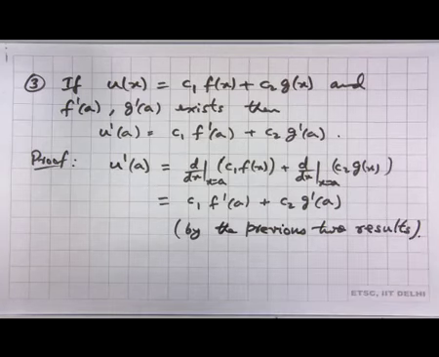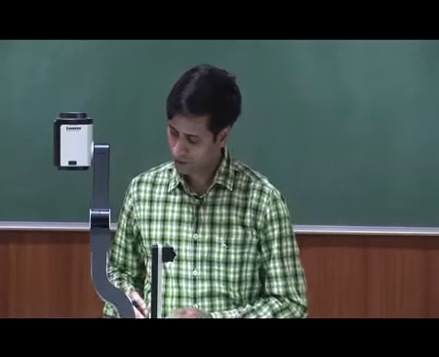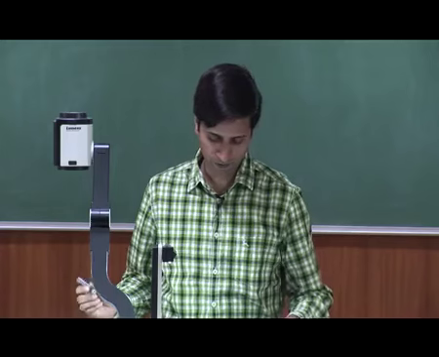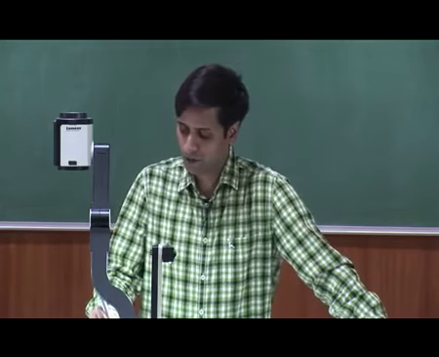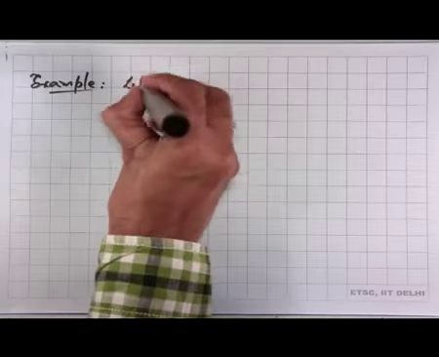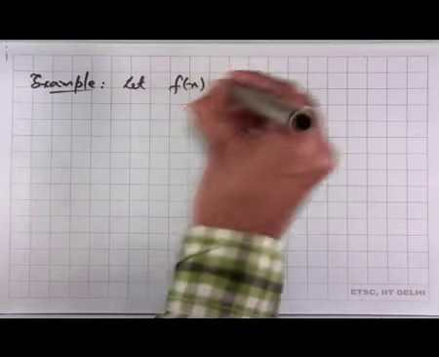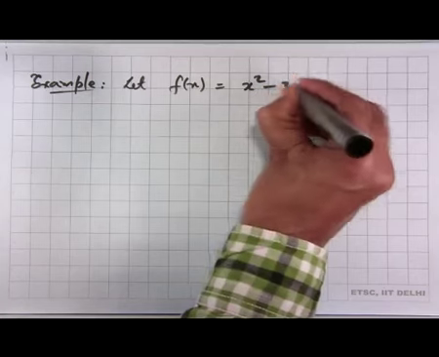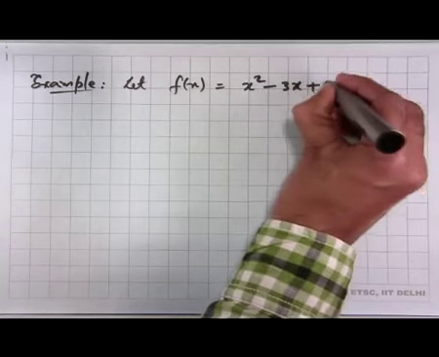Okay. So let us use this result to calculate some derivatives. So, example, let f(x) equal to x square minus 3x plus 2.